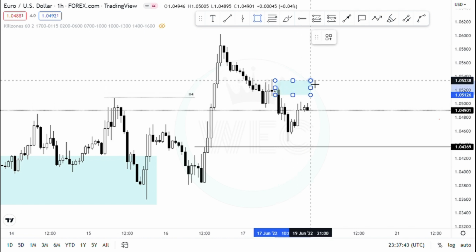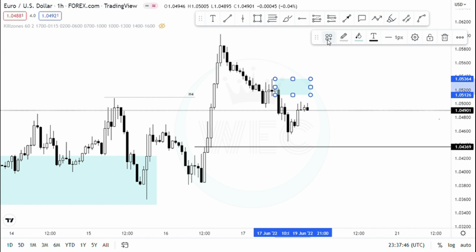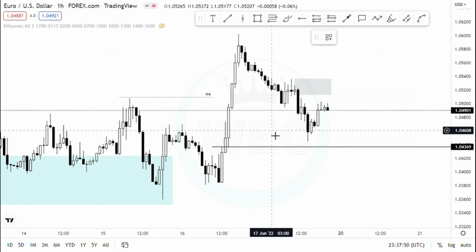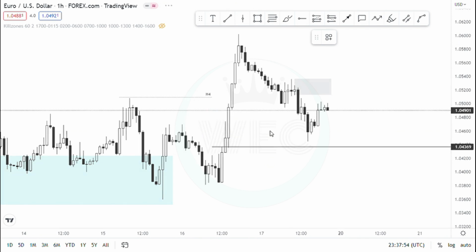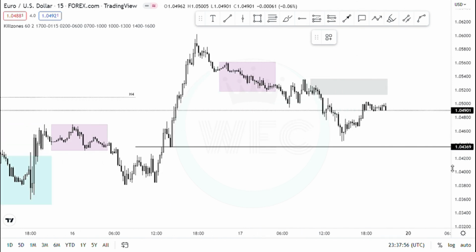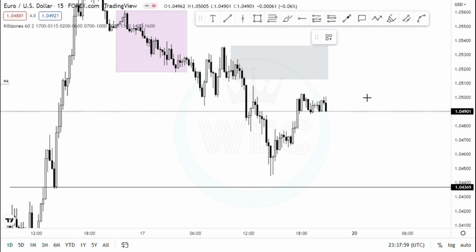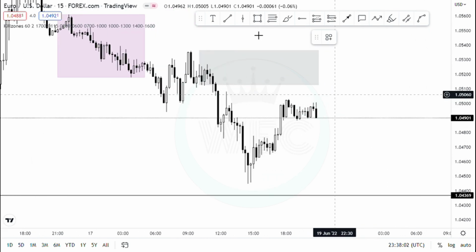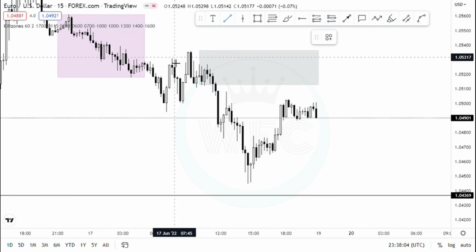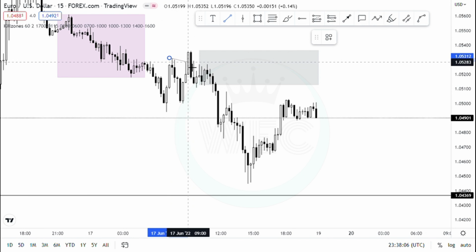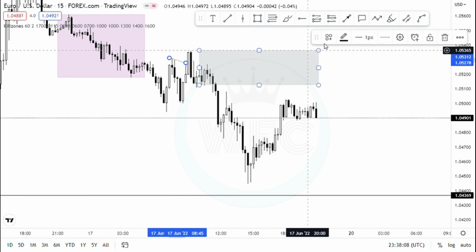So let me annotate that real quick, and let me step into the 15-minute time frame. On the 15-minute time frame, what do we see? First thing that I see is relatively equal highs here, or let me say liquidity built up right in here.